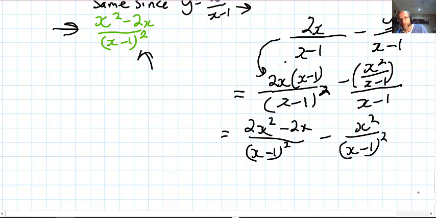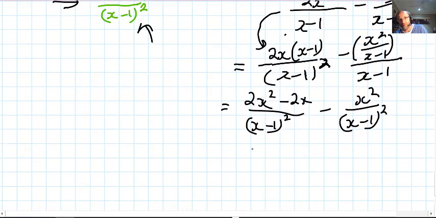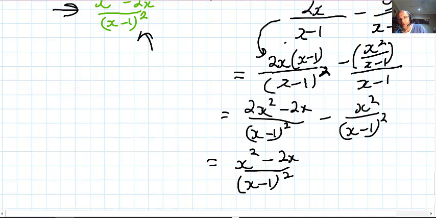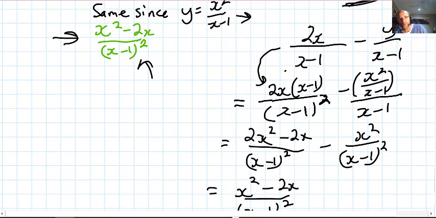It's multiplied with the other x minus 1, so it's x minus 1 all squared, and now we've got a simple subtraction to do, and the result is the same as the one above in green, and that's verified. You don't need to do that usually, but it's an interesting activity, especially interesting when you make a funny mistake in the middle, and satisfying when you spot your own mistake and fix it up. So x squared minus 2x over x minus 1 all squared.